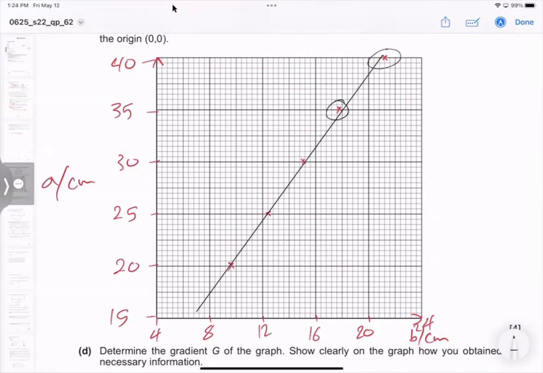So my line is symmetrical among all of them. It passes 3 points, and the other 2 are in between. This is the best fit straight line.